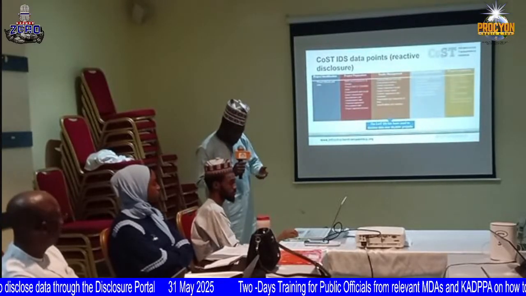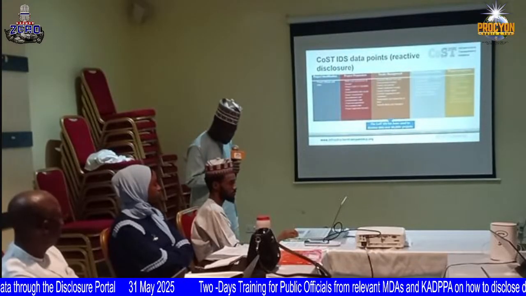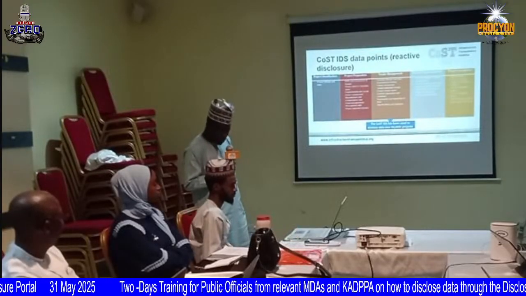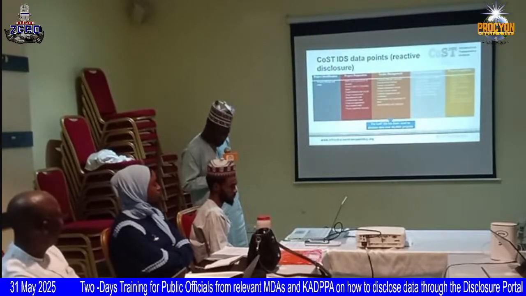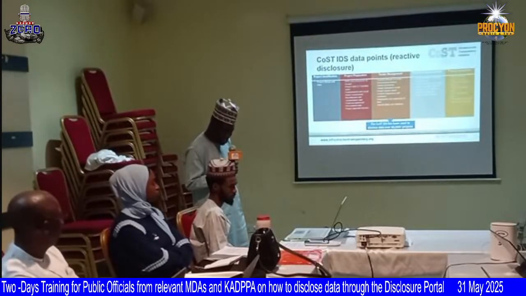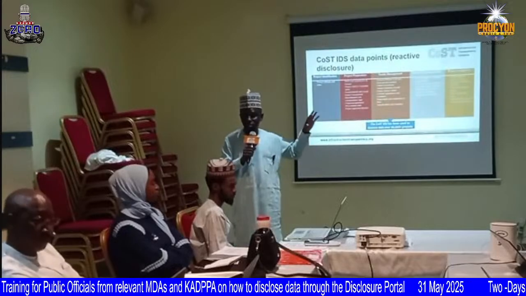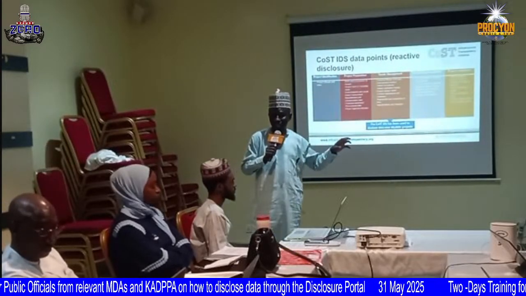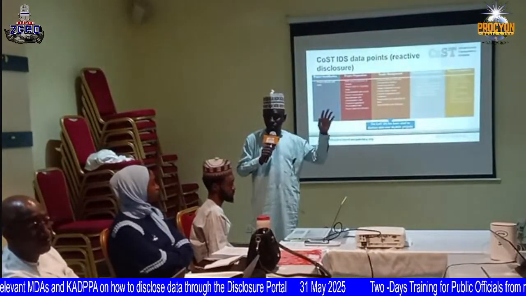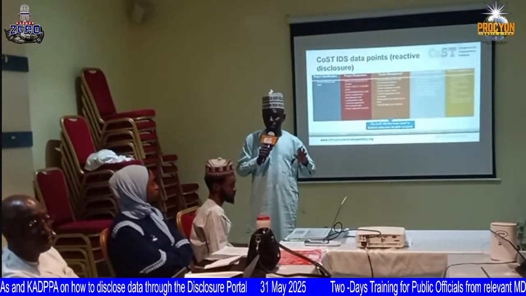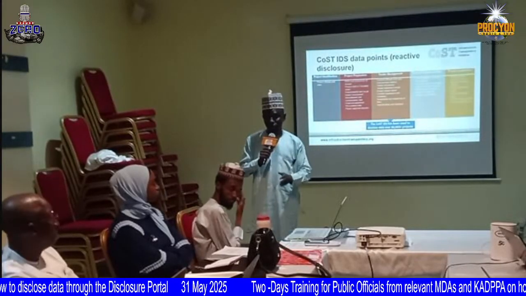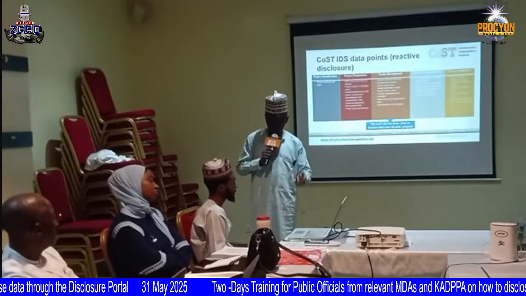In fact, under contract implementation, we even have payment certificates and contract amendments. Under project completion, we also have the progress reports and the budget amendment decision and what have you. So all these data points form the 40 data points and the additional 27 data points, making about 67 data points. The part that is mandatory for the agency to publish is proactive, and about 27 are reactive disclosure.